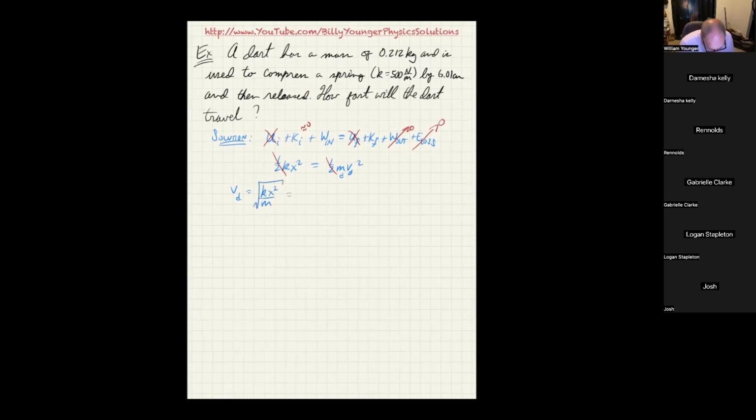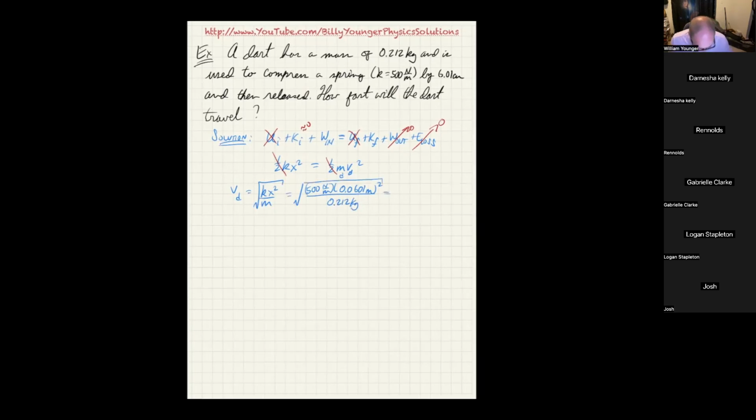So this is going to be equal to the square root of 500 newtons per meter for k, times 0.0601 meters for x, squared, and then I'm dividing it by the mass, which is 0.212 kilograms. That's the mass of the dart.